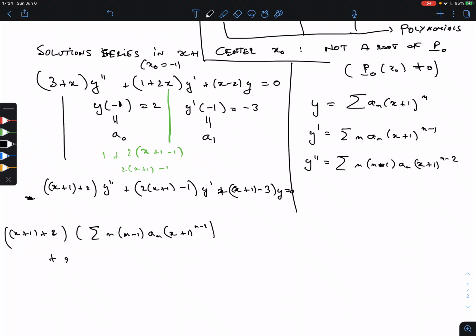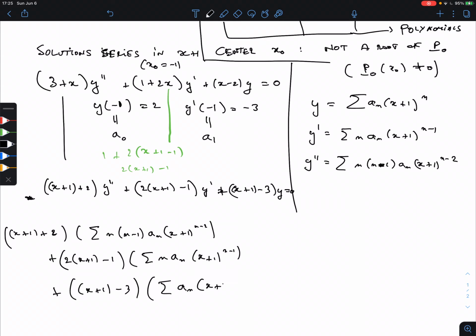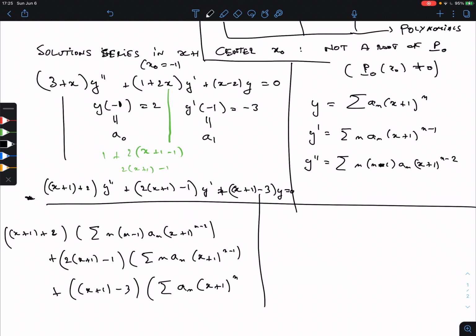Plus 2 times x plus 1 minus 1, again keeping my x plus 1 in its parentheses that I don't lose it, n x plus 1 to the power n minus 1, plus x plus 1 minus 3 times a lot of parentheses now because of the way that we organize our stuff.